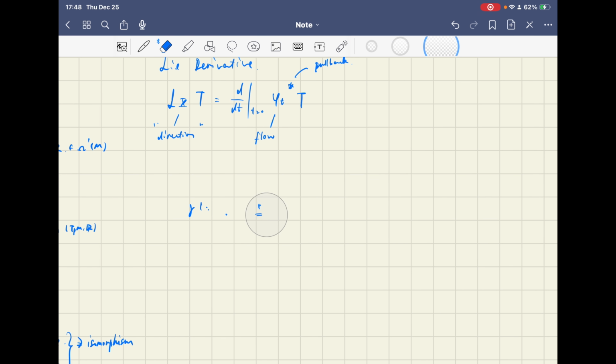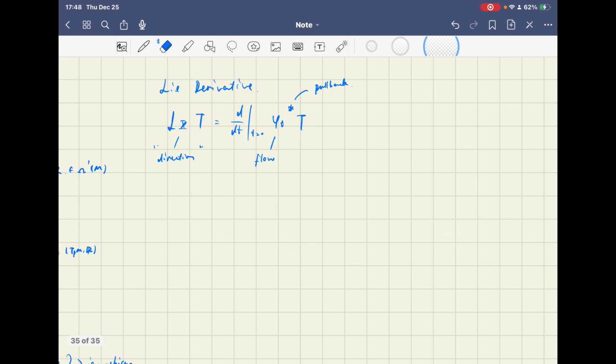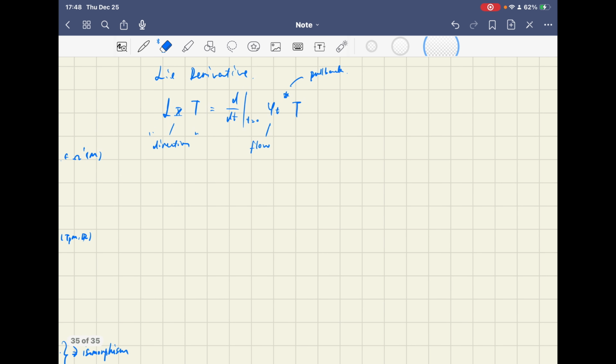What the Lie derivative essentially does is determine whether the geometric object T changes when acted on by the flow generated by the vector field X. We must compare at the same point, so we need the pullback operation here.